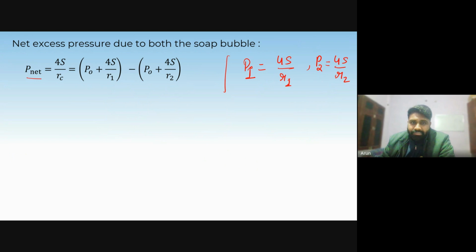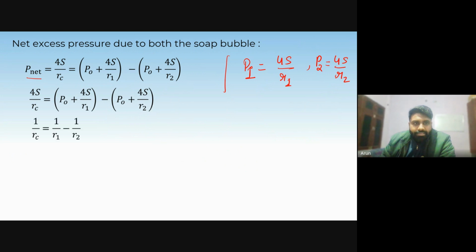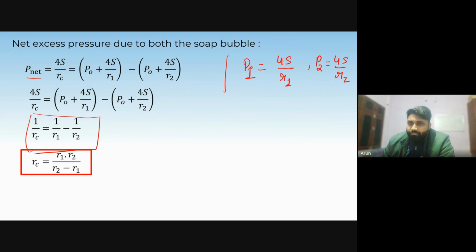So in this expression, 4S upon RC, where RC is the equivalent radius, is given by 1 upon RC equals 1 upon R1 minus 1 upon R2. Got it? So RC here will finally become R1 R2 by (R2 minus R1).